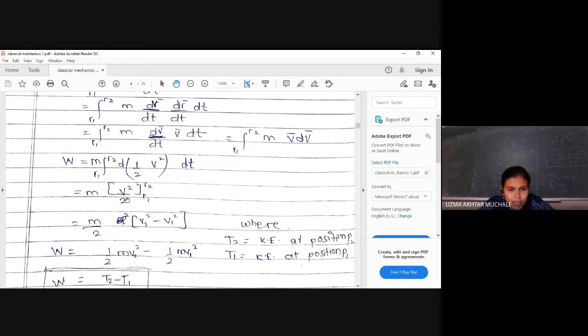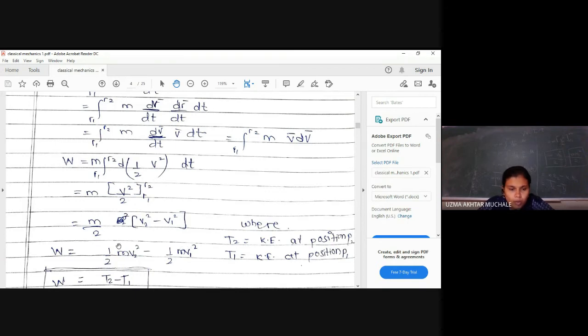So we cannot write it as r2 square minus r1 square. Up to now you have written it like this, right: the integration of x square within the limits a to b gives b square minus a square. But here it is a position vector. So we can write it as nothing but the velocity at the second position and the velocity at the first position, or we can say the velocity of the particle at P2 and the velocity of the particle at P1.